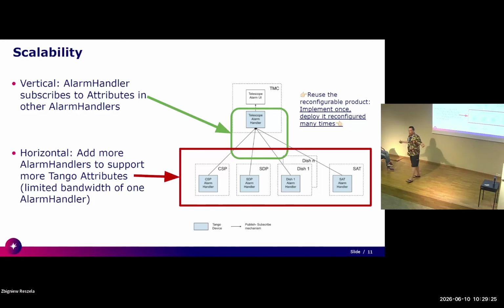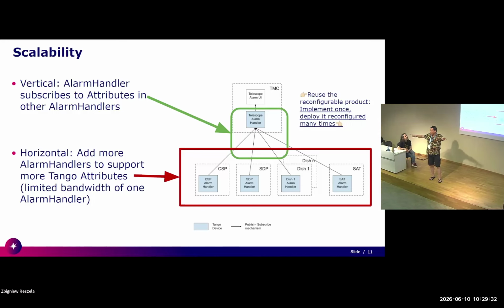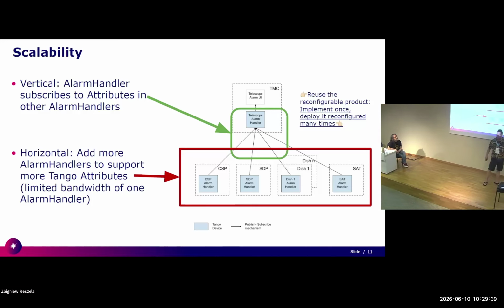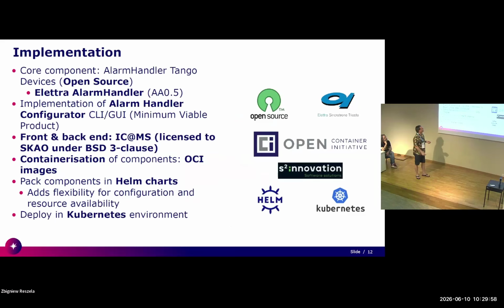So I can have one alarm handler above many others that looks at many other alarm handler Tango devices, at their attributes, like might be here in our CSP, SDP, DISH, SAT, SKALO, somewhere, MCCS, and I can again generate a summary of what is going on. Don't be mistaken, this is not about the health of a system, it's about abnormal conditions.